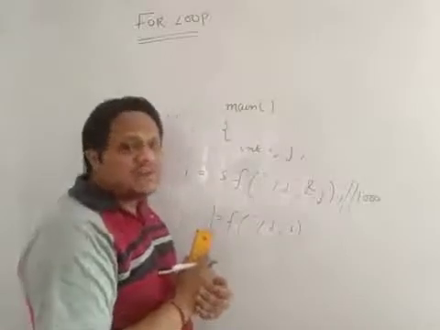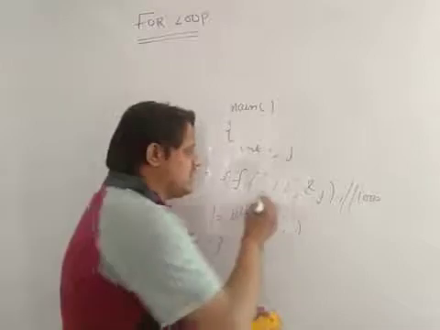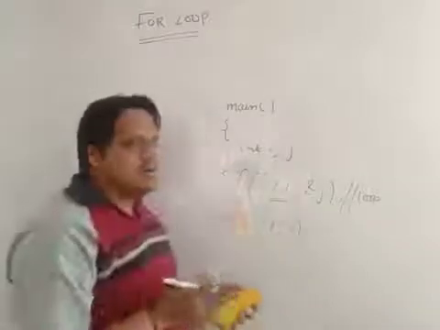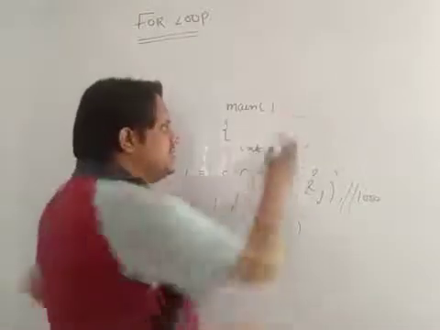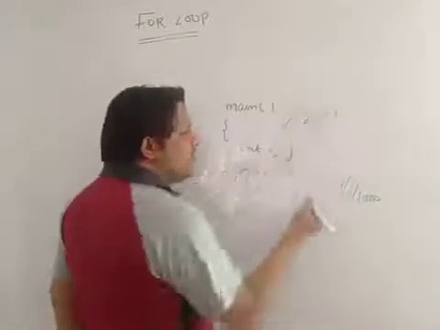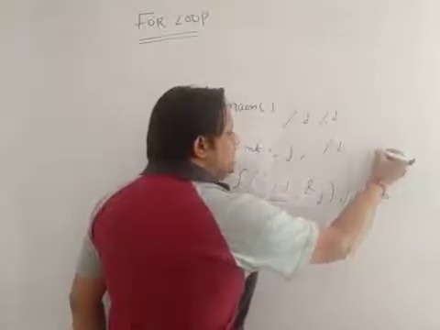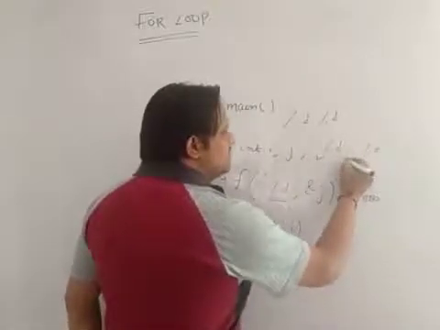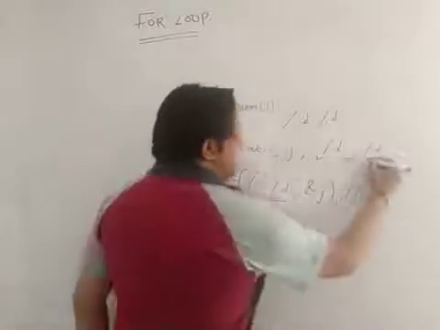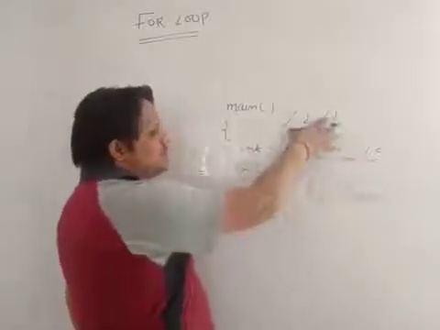Since printf returns the number of characters, scanf returns the number of arguments, and the number of arguments is denoted by these %d. One %d means one argument, another %d means two arguments, and if I write %d, then a space, and one more %d, this is one argument, the space is treated as one more argument, and this is your third argument. So scanf returns 3 in this case, and 2 in the other case.